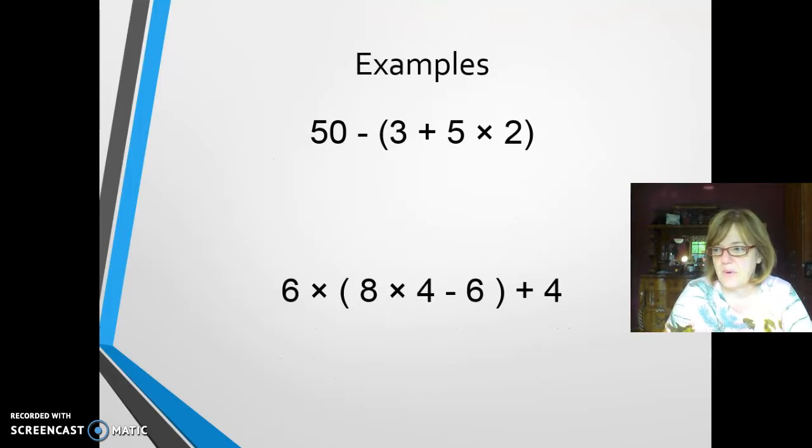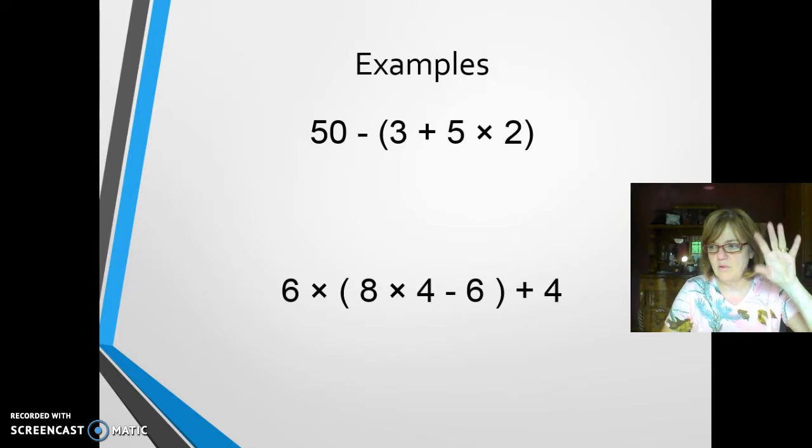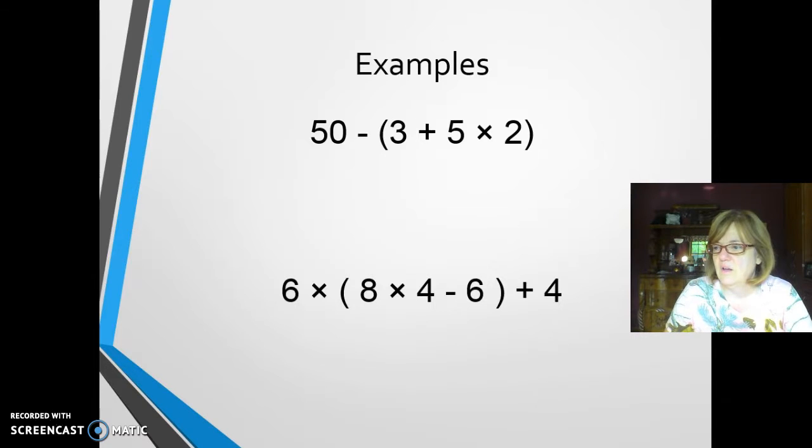So for example, here's one. 50 minus parentheses 3 plus 5 times 2. Watch what we're doing here. When you look at those parentheses, you see 3 plus 5 times 2.